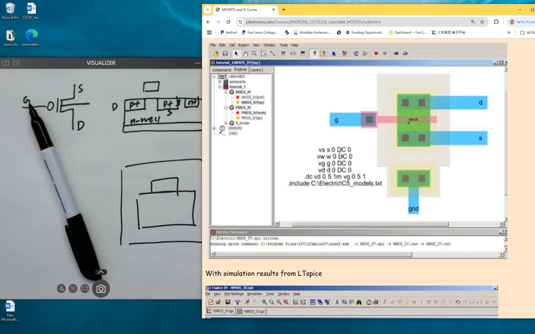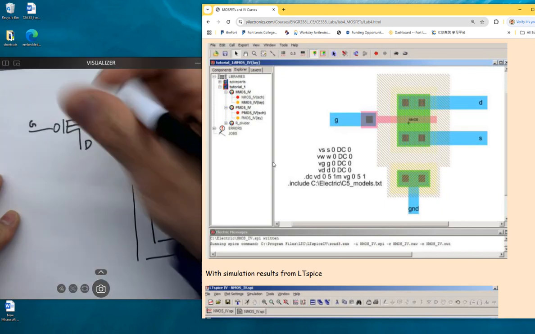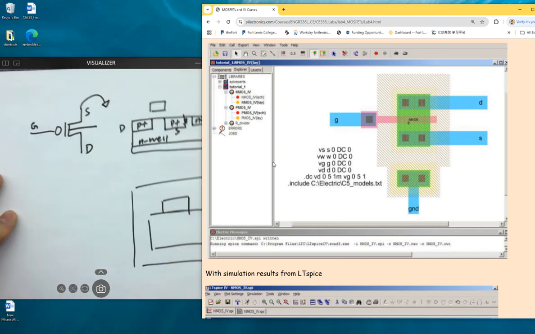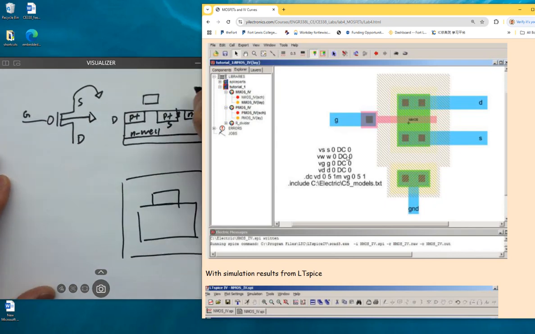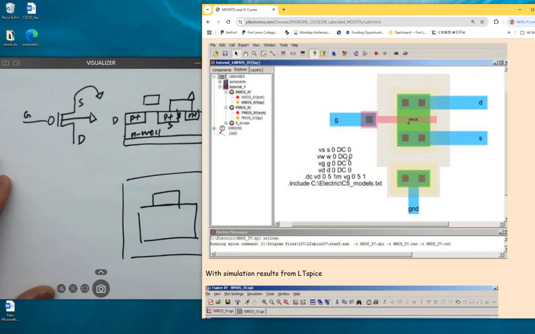So you can see these voltages. Source is shorted to ground. Okay. Because we can tell source is shorted to ground, and well is also shorted to ground. So in here it's ground, ground. What else?